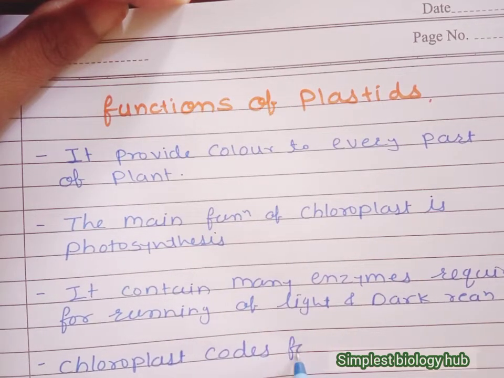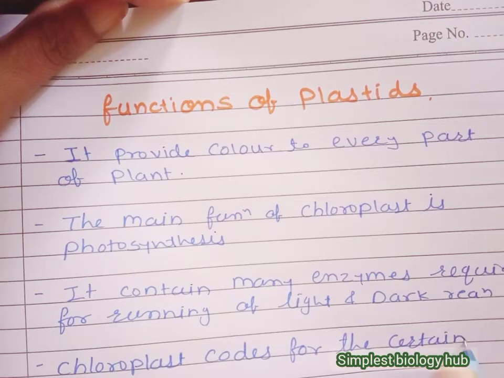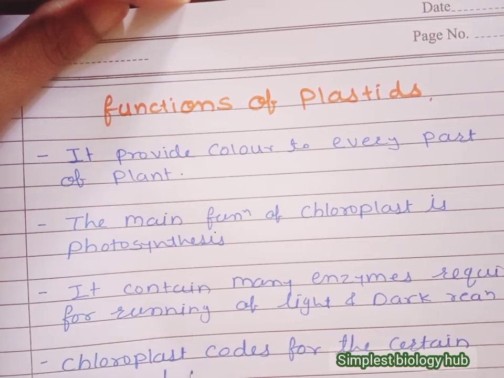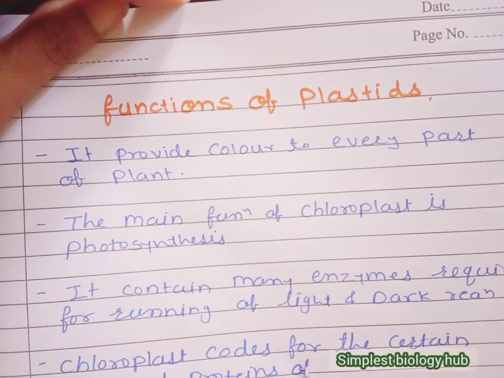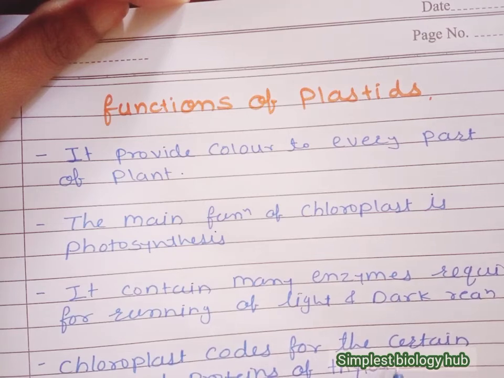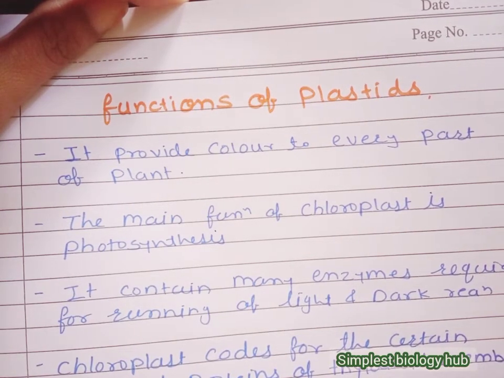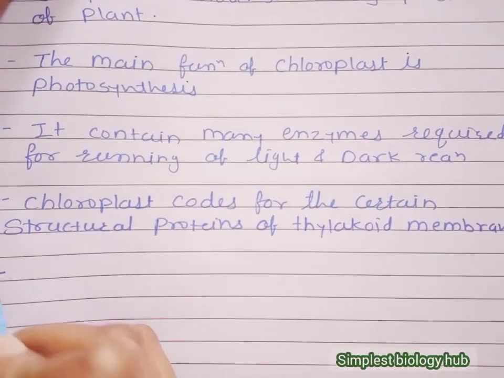Some enzymes are essential to running these cycles, and these enzymes are present in the stroma region of the chloroplast. Chloroplast codes for certain structural proteins of the thylakoid membrane. These structural proteins make up the thylakoid membrane, which contains the chlorophyll and the coupling factors which help in photosynthesis.